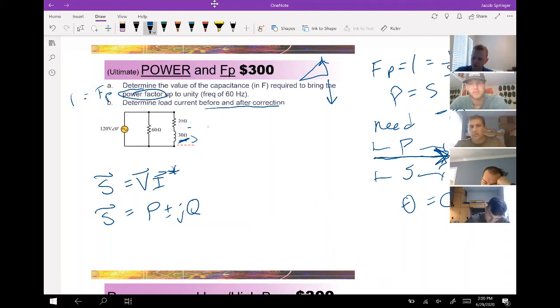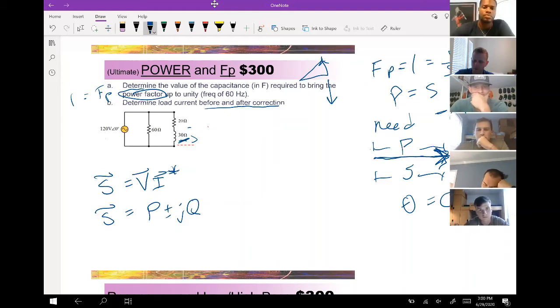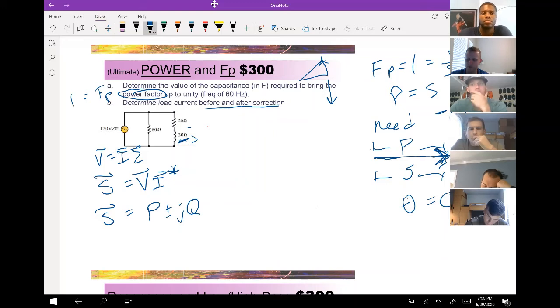I have my V, so what I'm going to have to solve for is I. So my 3 steps to get to the Q that I need are: V equals IZ, S equals VI, and then you just put it into the rectangular format.